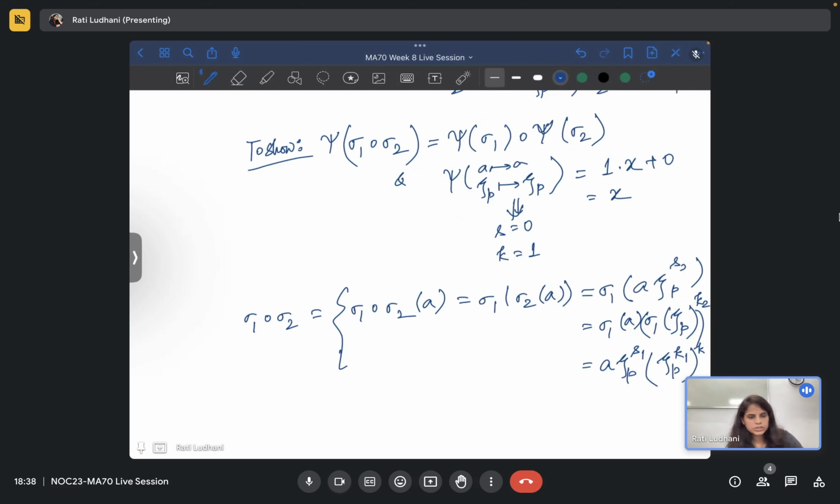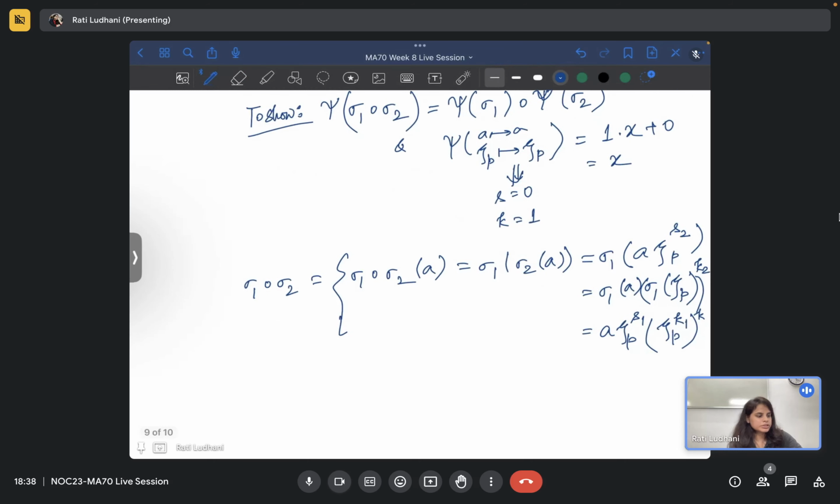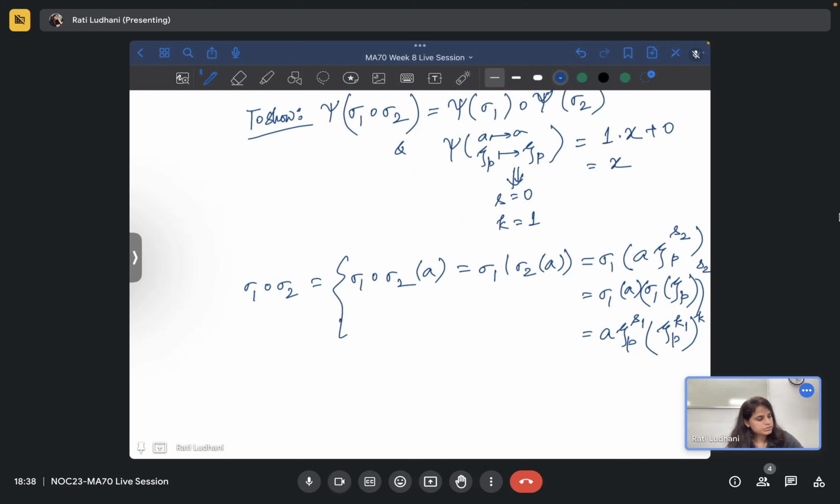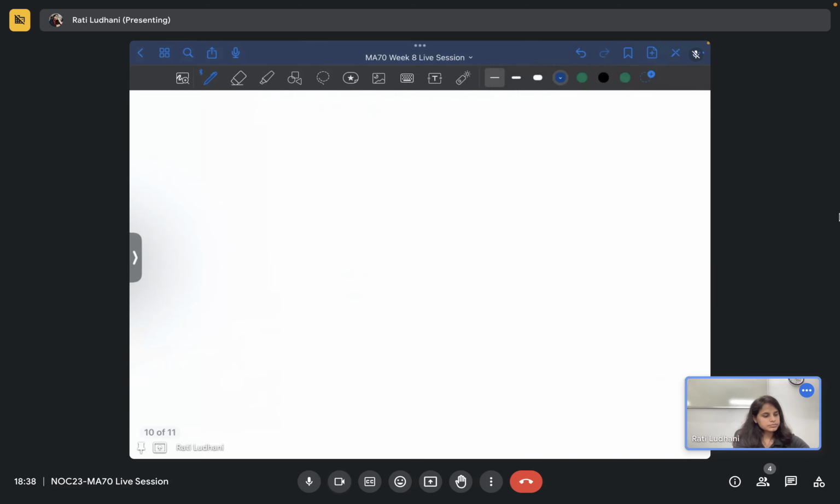I'm just using where sigma 1 and sigma 2 map the elements a and zeta p. So you actually get zeta p raised to power s1 plus k1 s2. And from the other side you will also get the same.